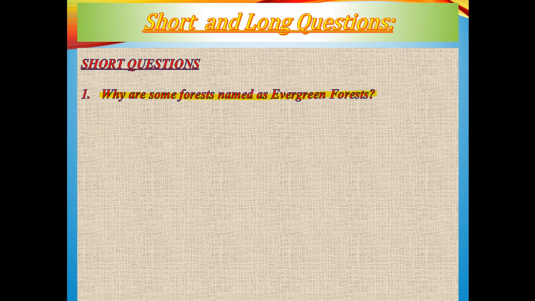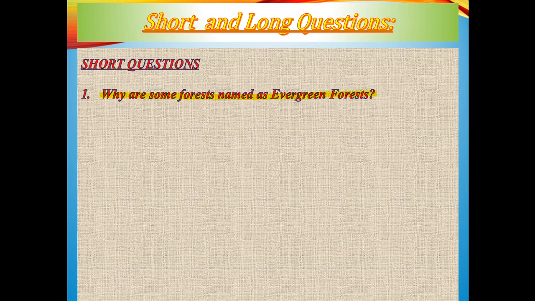And there is a multiple variety of tree species where the maturity of these variety of tree species is not the same. So some shed their leaves during autumn, some during winters, some during summers.